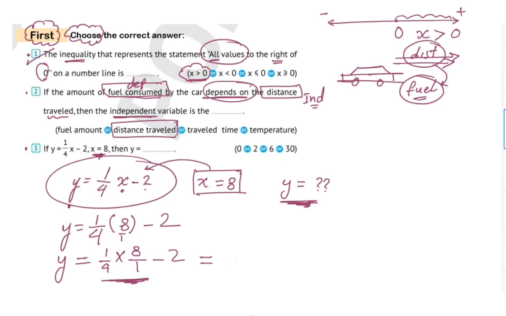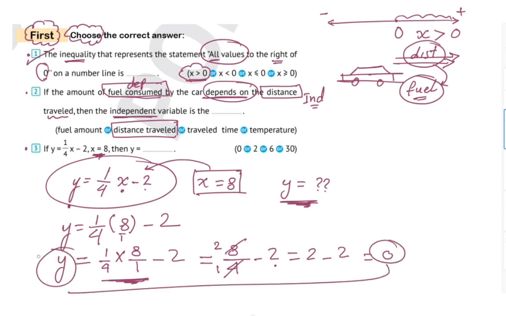I will multiply numerator with numerator, 1 by 8 equals 8, 4 by 1 equals 4. Don't forget minus 2. That equals 8 over 4. I can divide both of them by 4: 8 by 4 equals 2, 4 by 4 equals 1. Now 2 over 1 equals 2, minus 2 equals 0. Now 0 is the value of y. So choose 0.